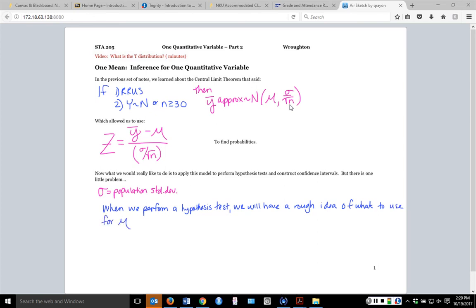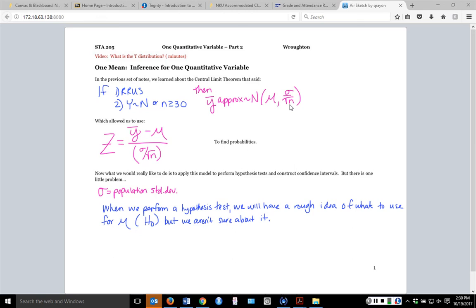So for our mu. And the reason we'll have that idea is we're going to have this idea of a null hypothesis, so we're going to have a rough idea of what number we could use for mu. But since we're doing a hypothesis test, we're not actually going to be sure about it. Right, that's kind of why we do a hypothesis test in the first place. We want to say, well, maybe is it bigger than that, maybe is it smaller than that, or just something different. So even though we have a rough idea of what it is, we're still not going to be sure about it.